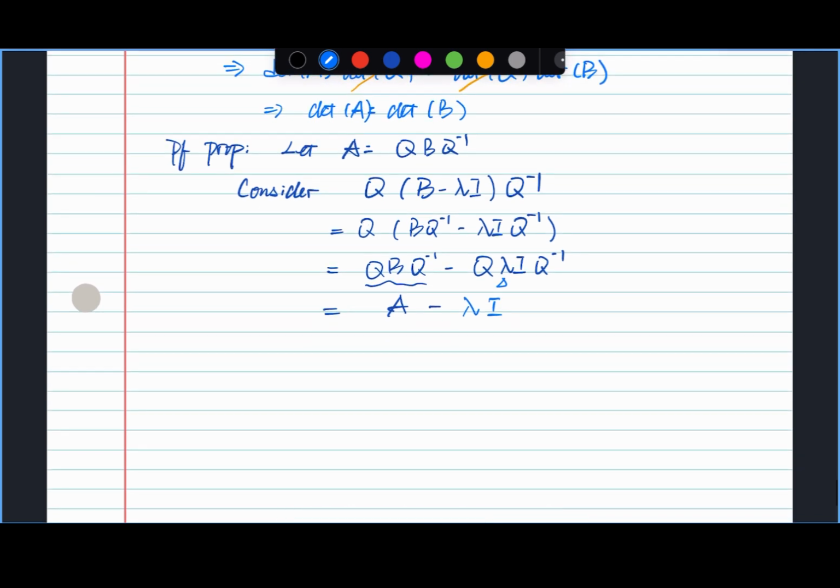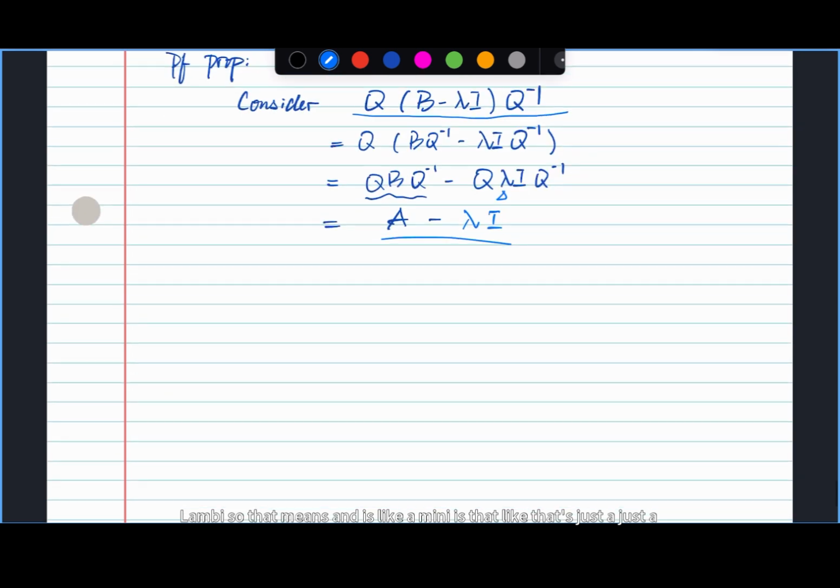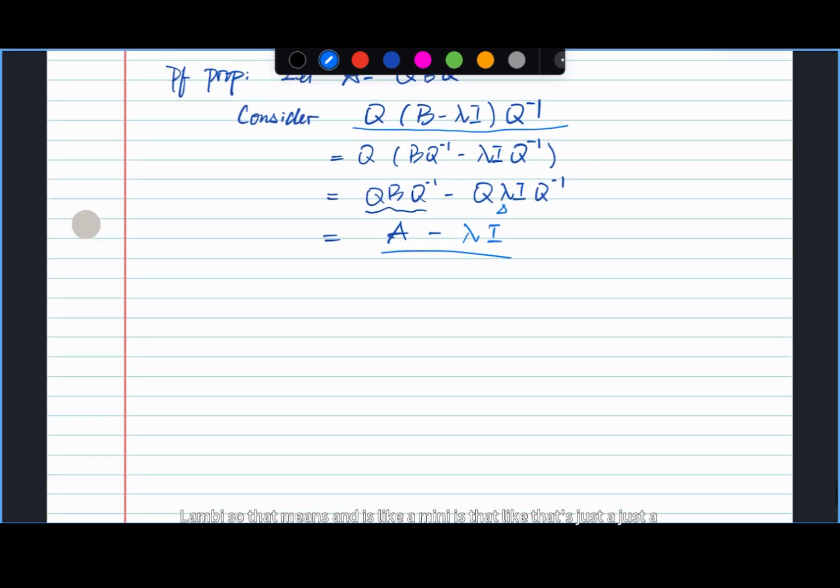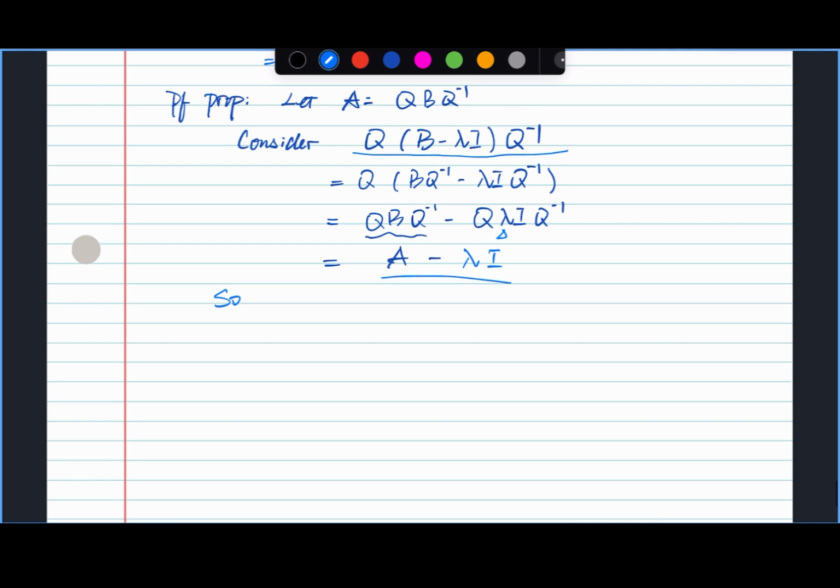Okay, so what we just proved is that Q times B minus lambda I times Q inverse equals A minus lambda I. So then we know this is the definition of similar matrices.